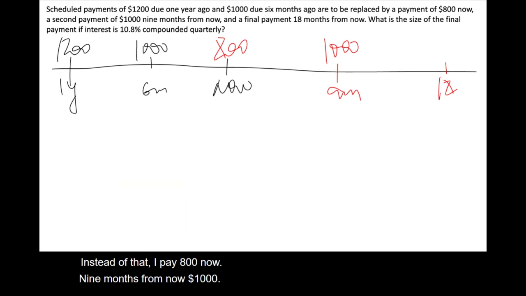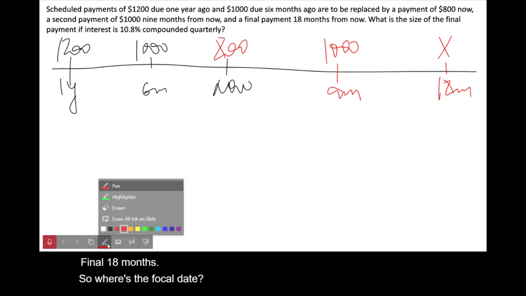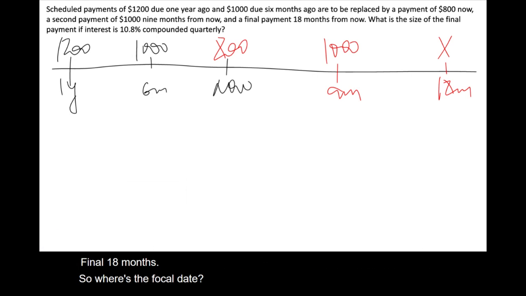Final, 18 months. So where's the focal date? People, 18 months. Very good.